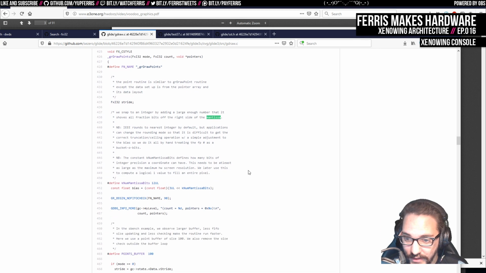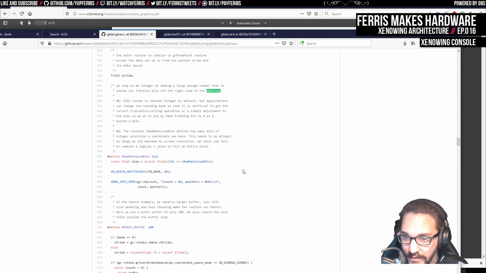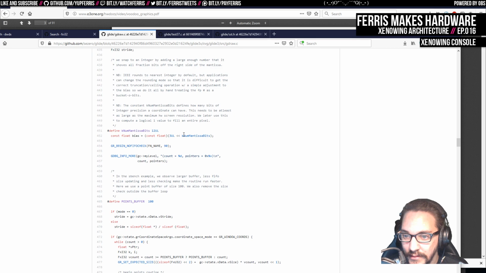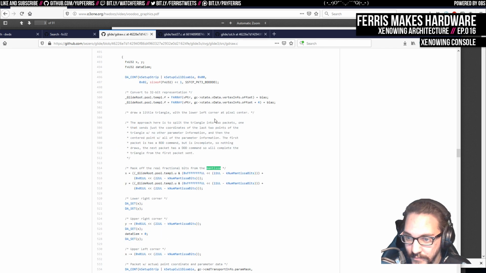Okay, but even one of the things we already know, by the way, they use the term mantissa, which is probably also a good thing to search. So we do it all by hand, treating it as a bucket of bits. Yeah, so these are used for window coordinates.